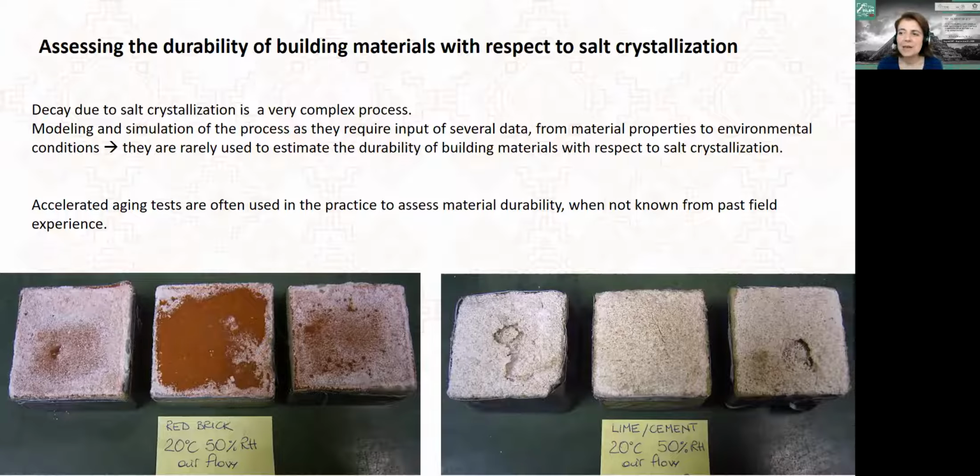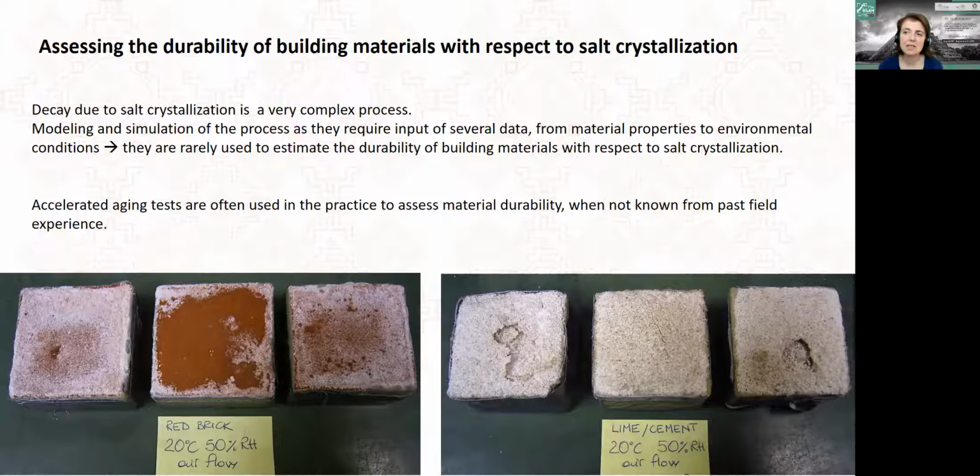Due to its complexity, modeling and simulation of the process require an input of several data ranging from material properties to environmental conditions. This has made it difficult to use modeling to estimate buildings' durability with respect to salt crystallization.